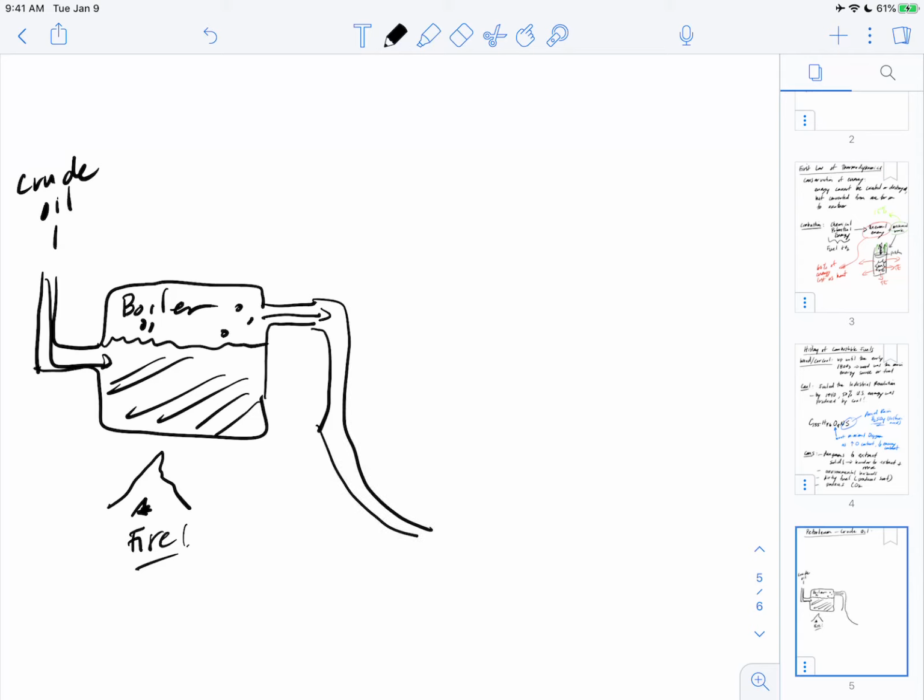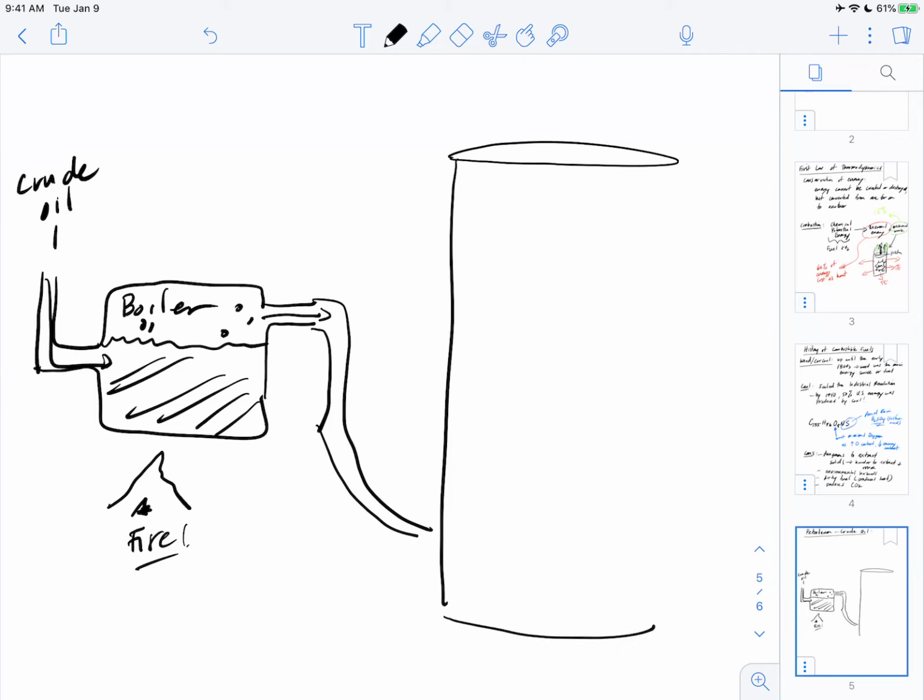I'm going to bring this down. We're going to have a big tank here, and this is going to have many different layers. So we're going to try to fill all these in. And so this is a distillation tower.